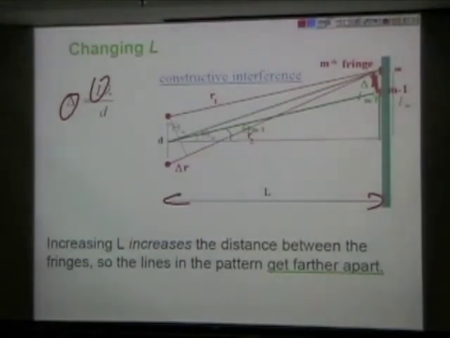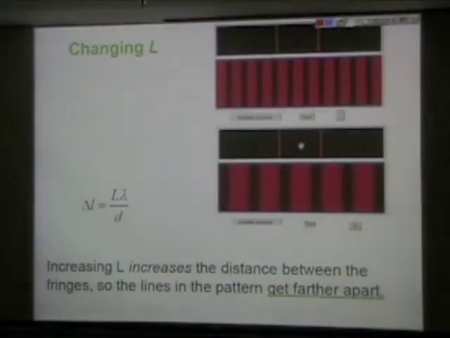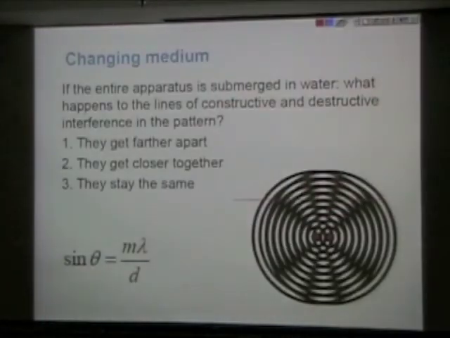So they move apart from each other. Well, that's what we would see, and actually we saw yesterday when I was moving the wheel. We increase the distance, we increase the width of the pattern.